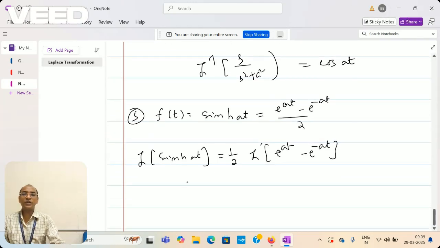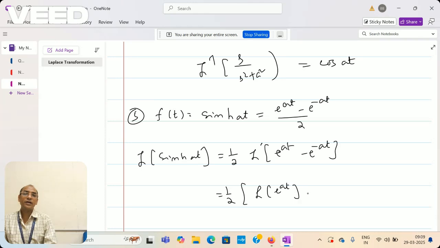From the linear property of Laplace transformation, we can have it as 1 by 2 into the Laplace transformation of e to the power at minus the Laplace transformation of e to the power minus at.